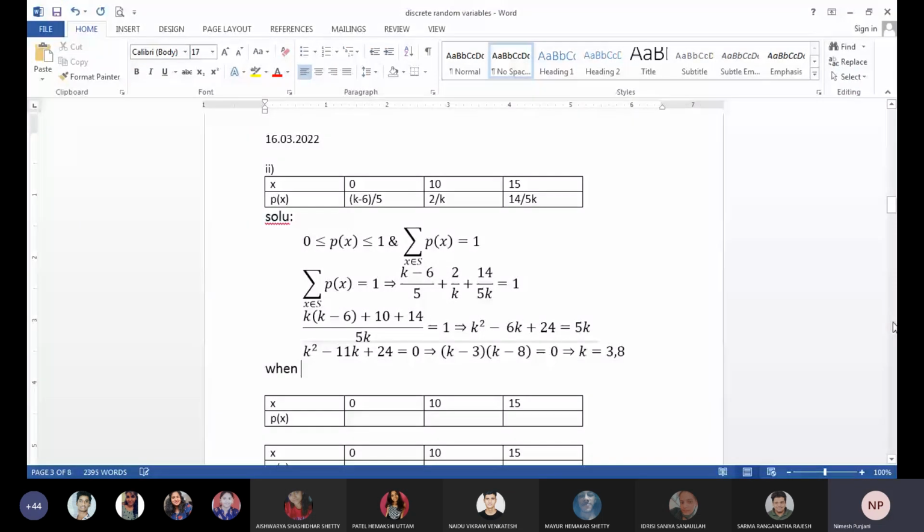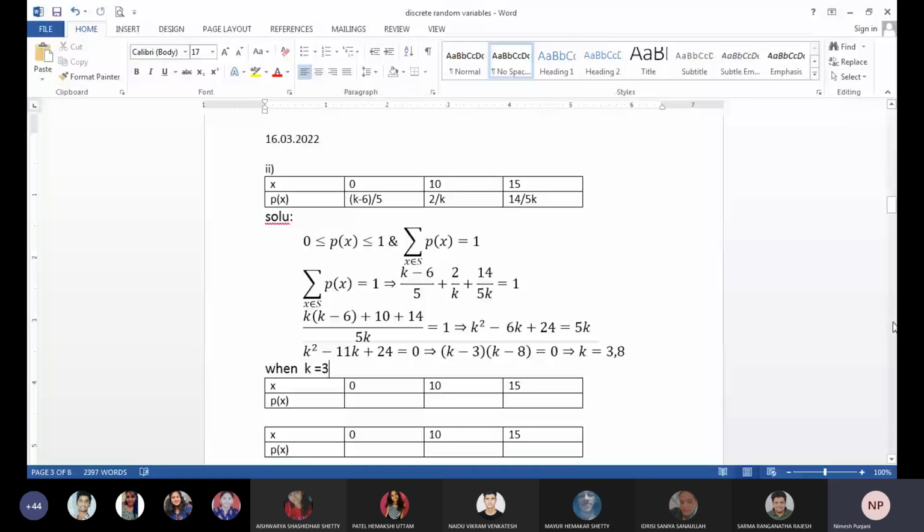Okay, so now what we have to do is we have to find out कि k का दोनों वैल्यू के लिए वो p of x प्रोबेबिलिटी मास फंक्शन है, किसी एक वैल्यू के लिए प्रोबेबिलिटी मास फंक्शन है, या किसी के भी लिए नहीं है. किसी के लिए भी नहीं है वो तो यहाँ पे पॉसिबिलिटी विल बी नील, बिकॉज क्वेश्चन में ही दिया हुआ है कि इट्स अ प्रोबेबिलिटी मास फंक्शन.